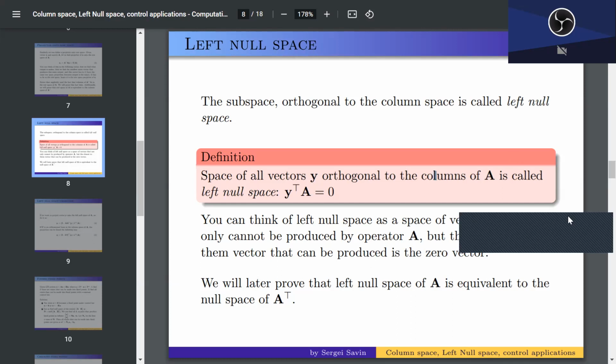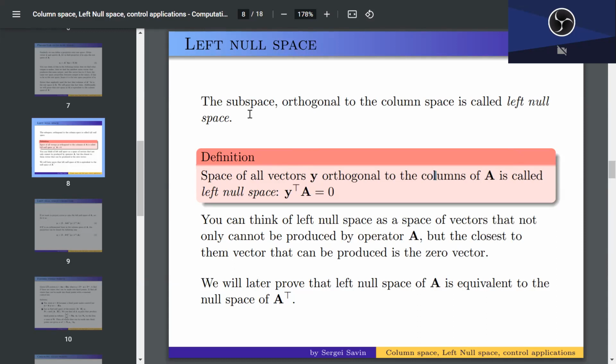All right. So let's talk about left null space. So the left null space is, as we said last time, the orthogonal complement of the column space.